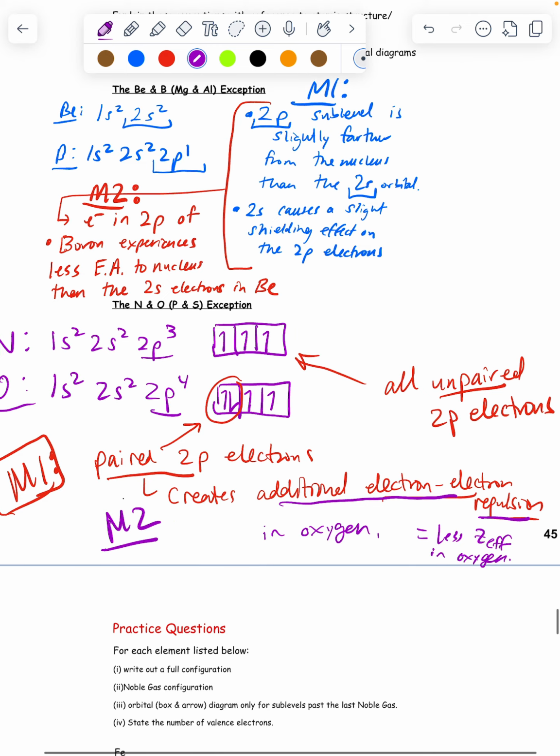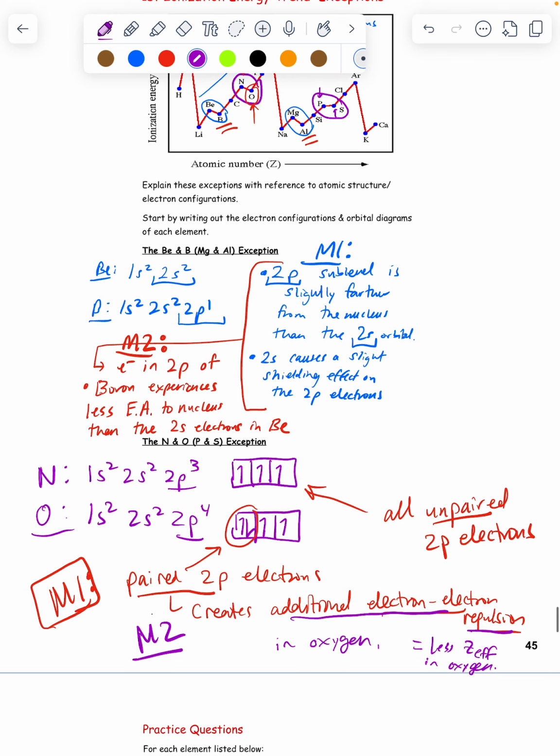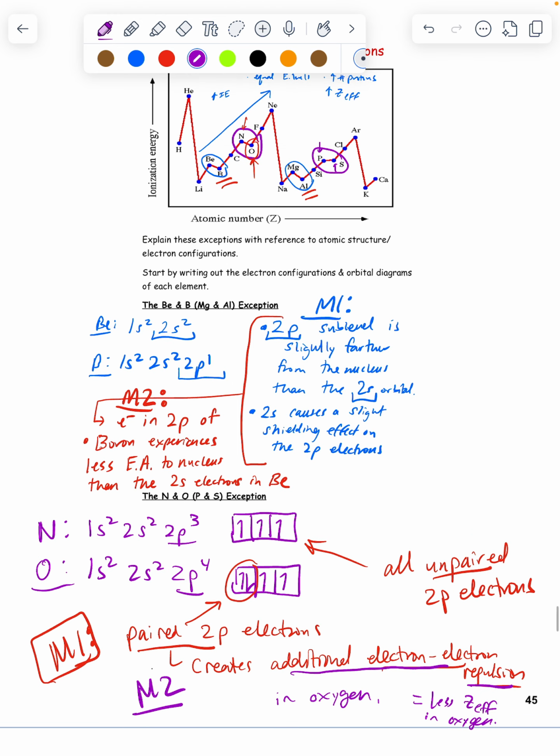Therefore, the extra repulsion seems to be lowering the attraction towards the nucleus, and the electron is more easily removed. So you would be expected to come up with a 2-mark answer for either one of these discontinuities in the trend across the periods. So either the one here or the one here. They have distinct reasoning. You'd also be expected to be able to pick out the correct reasoning on a Paper 1A question.